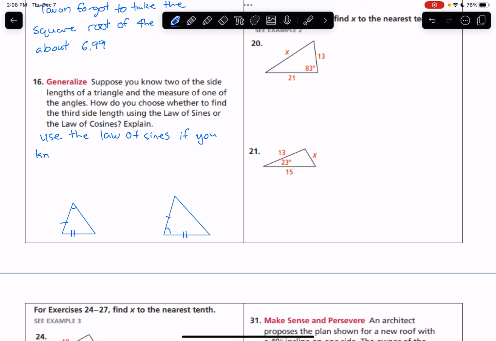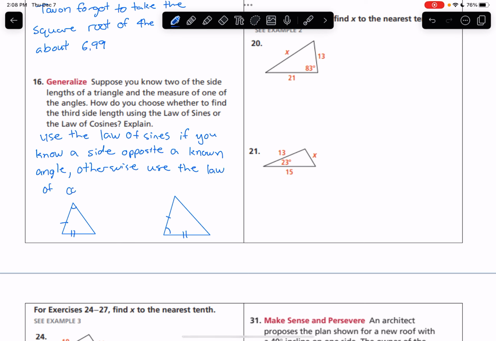Otherwise, use the law of cosines. There you go. So sines for a problem like this and cosines for a problem like that.